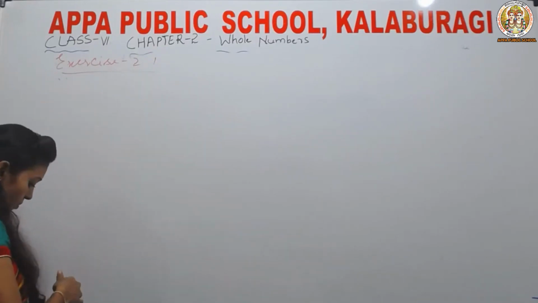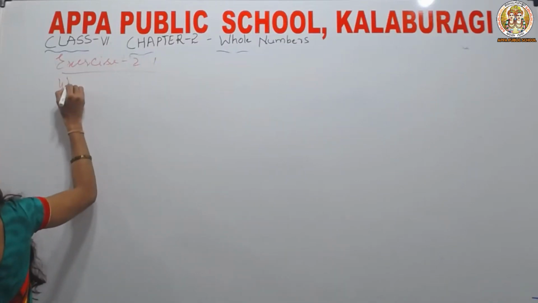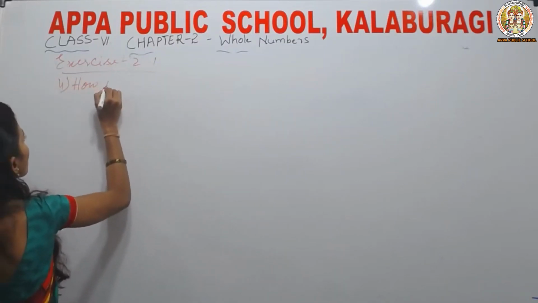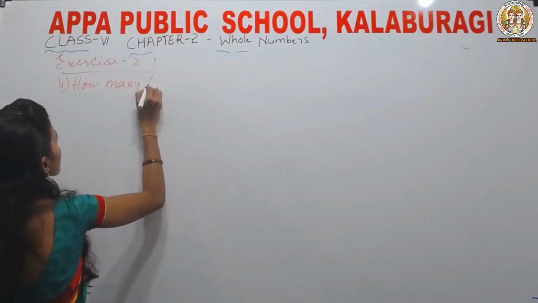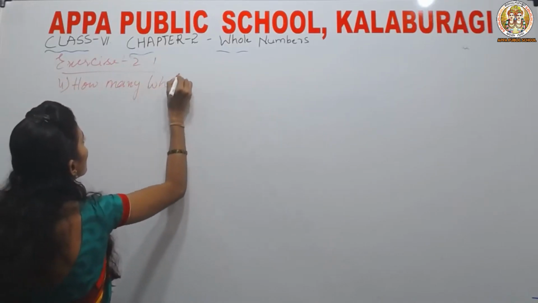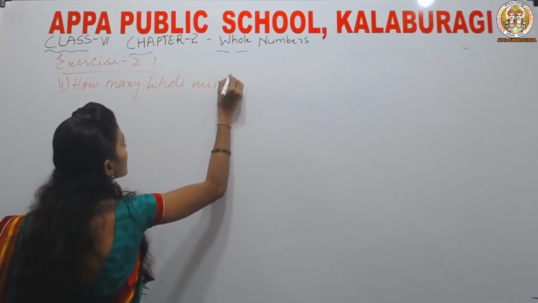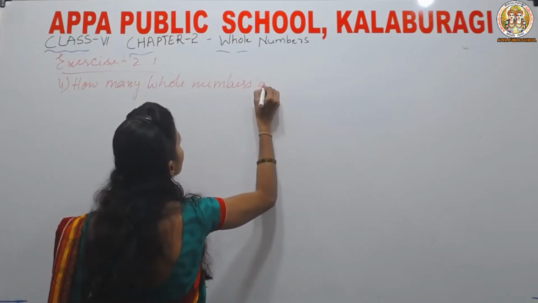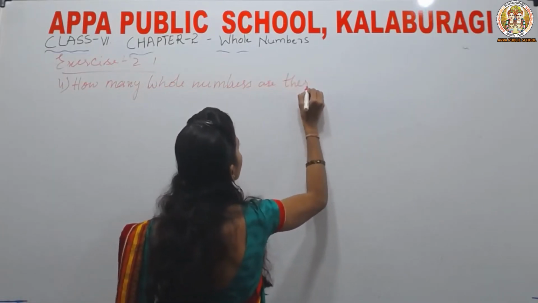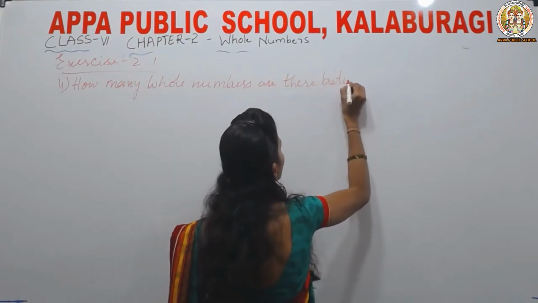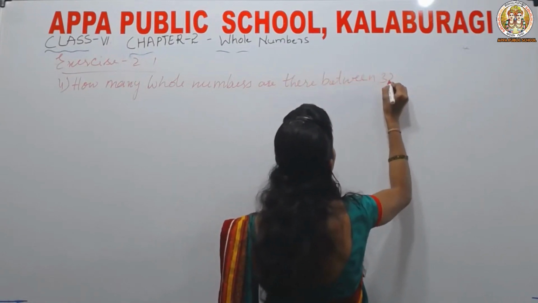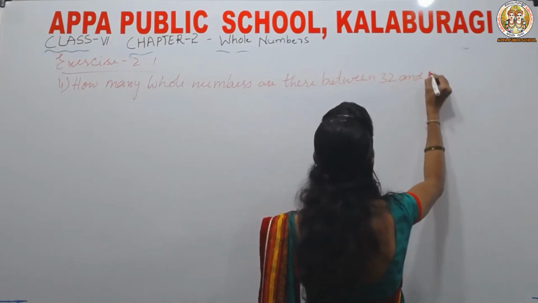Fourth question. How many whole numbers are there between 32 and 53?